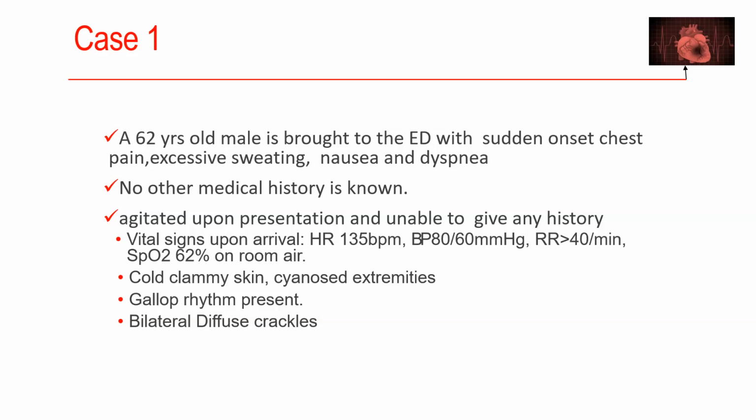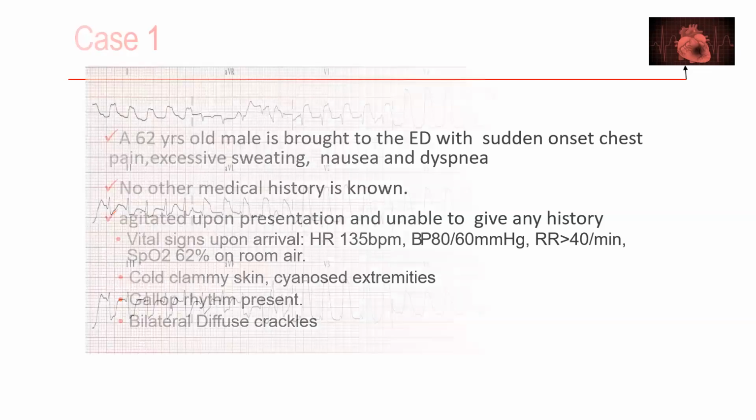Tachycardia, tachypnea, low SAT, you're in shock. Okay, cold, clammy skin, cyanosed extremities, gallop rhythm, meaning S1, S2, and two diastolic sounds, S3 and S4, early filling, late filling, and lungs are wet on chest evaluation.